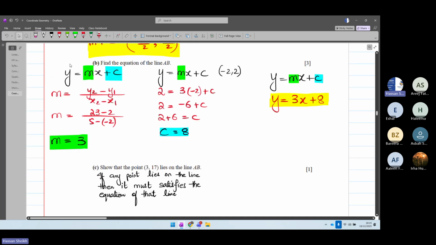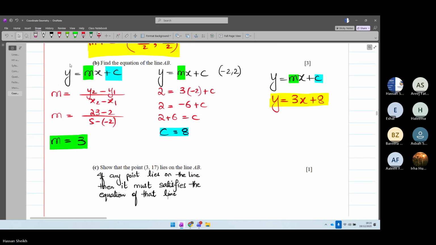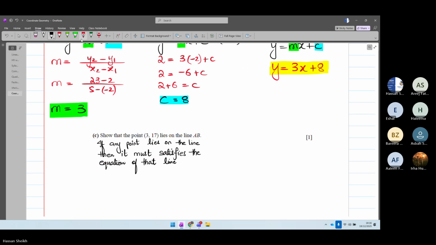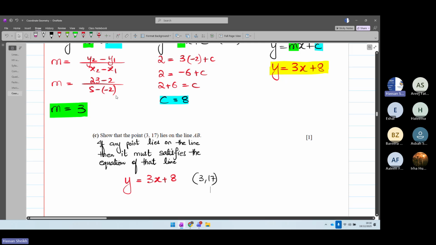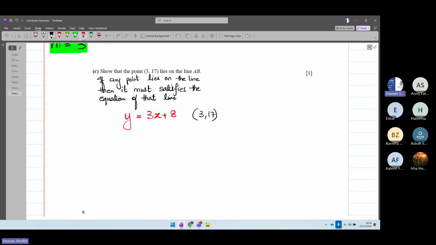Do we have the equation for line AB? Yes, we have calculated the equation of line AB in part B. Do you agree? Is that y equals 3x plus 8? If this 3 comma 17 lies on the line, then it must satisfy the line.